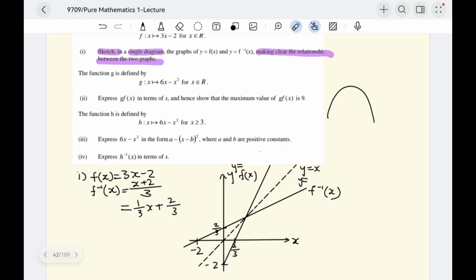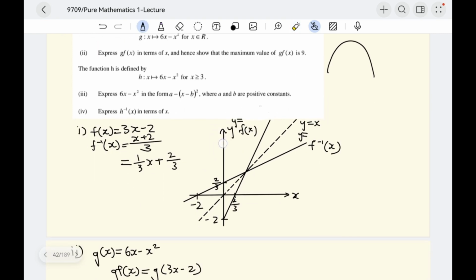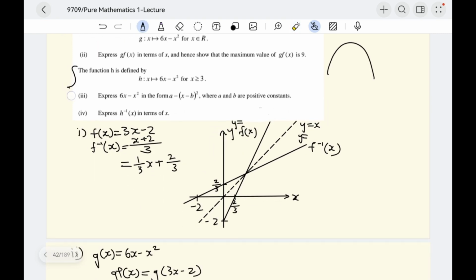Alright, let's take a look at the last part over here. Function h is defined by h maps x to 6x minus x squared, exactly the same as function g(x), just that the domain this time is x at least 3. Okay?